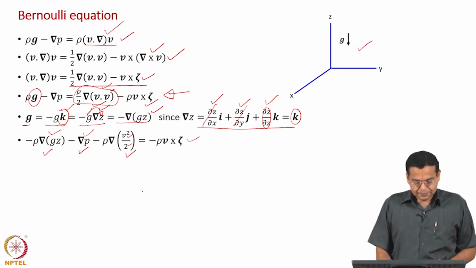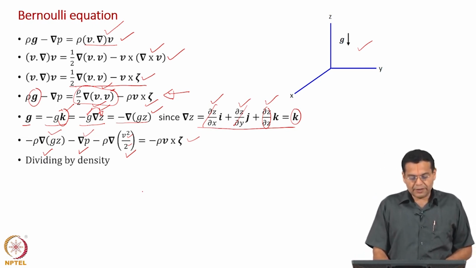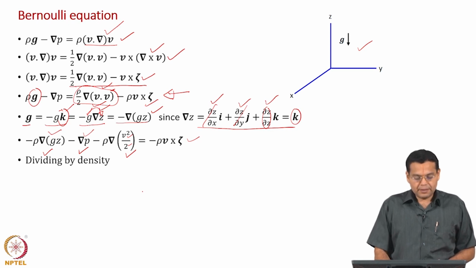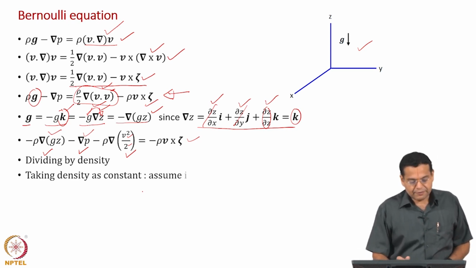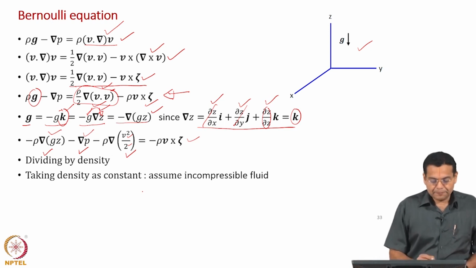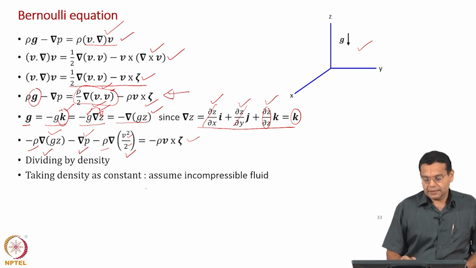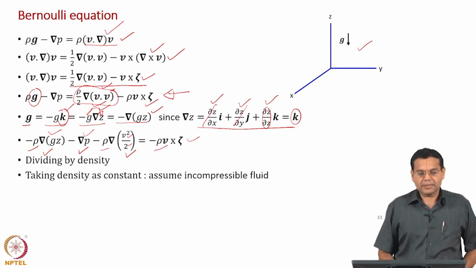Okay. Now, what we will do, we will divide by density. If you look at the terms, I can divide this by density, I can divide this by density, similarly I can divide the right hand side also by density.